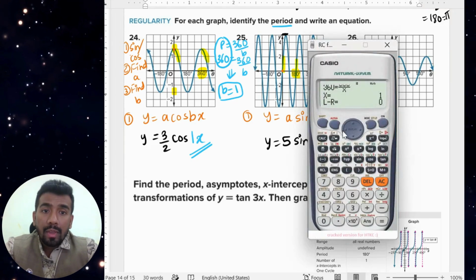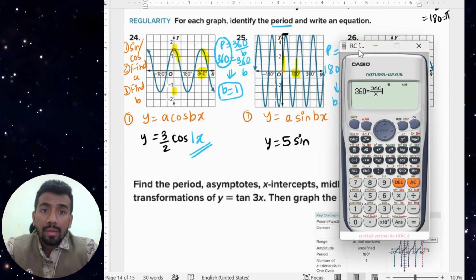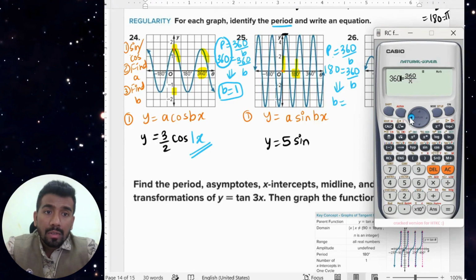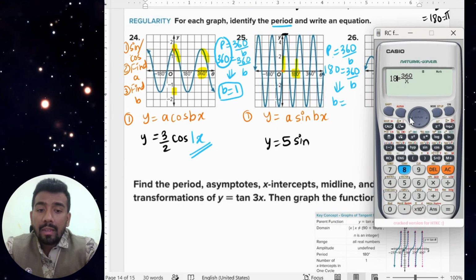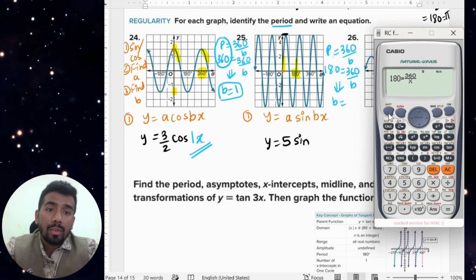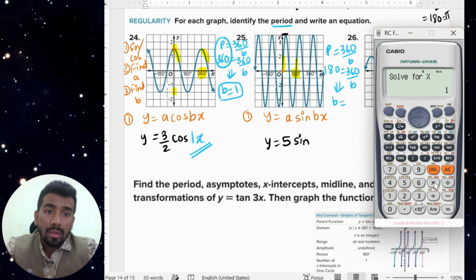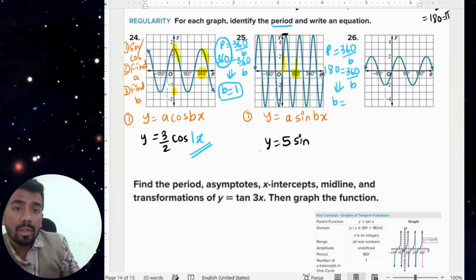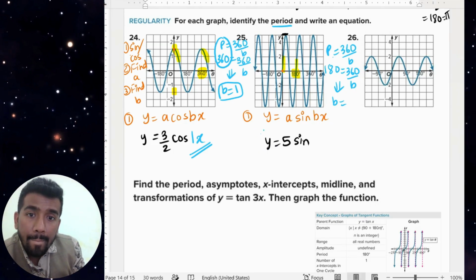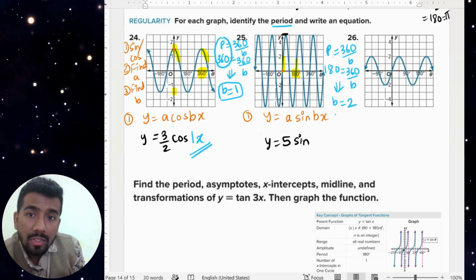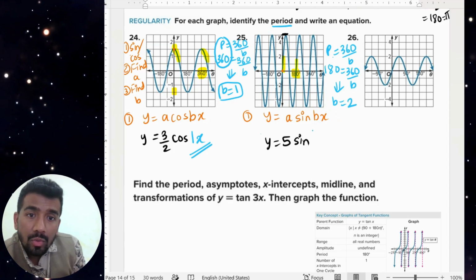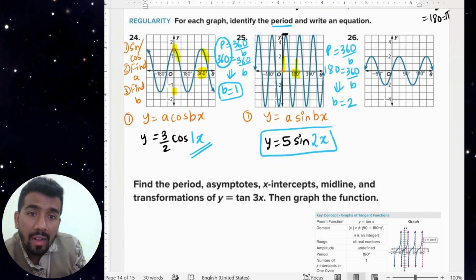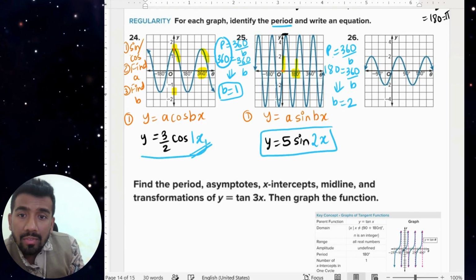So same way, 180. Shift solve. So what's x? 2. So your B is 2. Finish. Put this 2 here. Okay, so what do you get? 5 sine 2x. So this is this graph's function, and this is this graph's function.